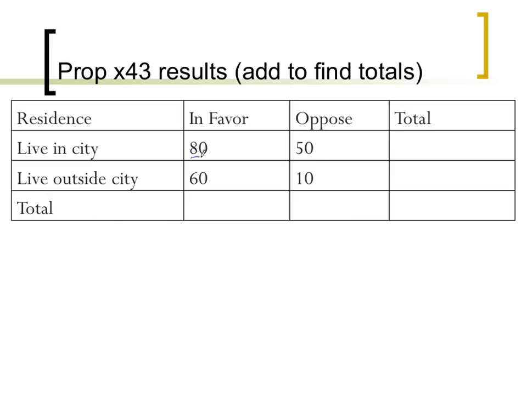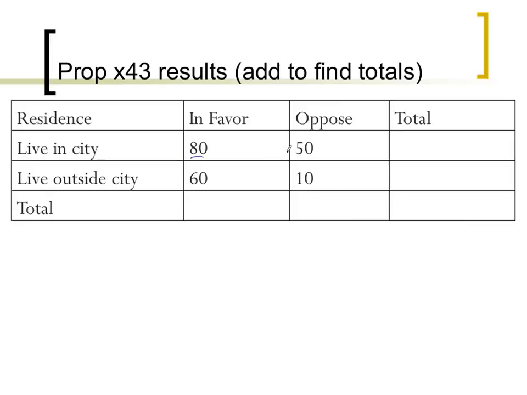So this 80 right here says that 80 people live in the city and are in favor. These 50 people live in the city but oppose. These 60 here are in favor and live outside the city, and these 10 are in opposition and live outside the city.